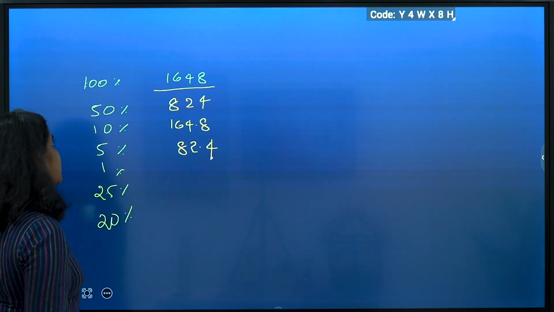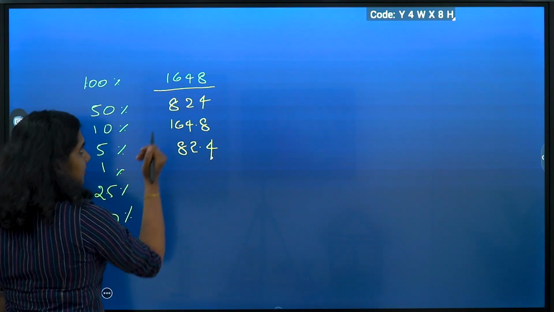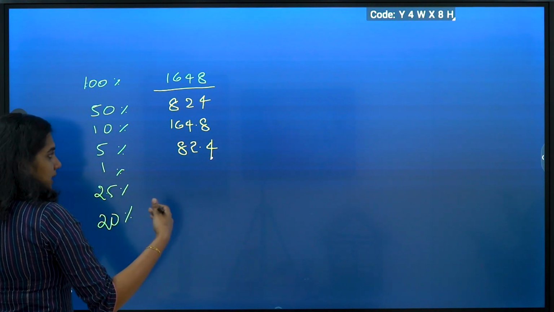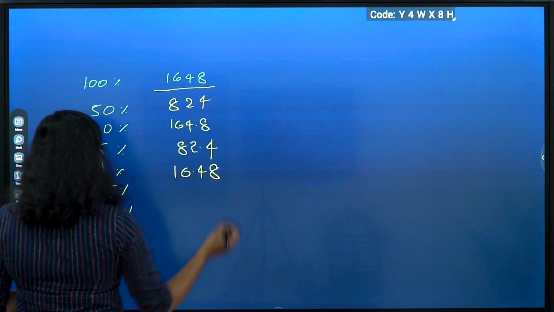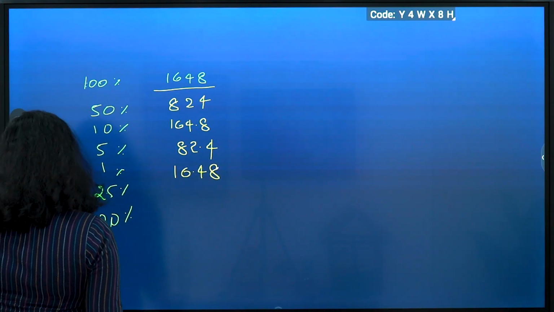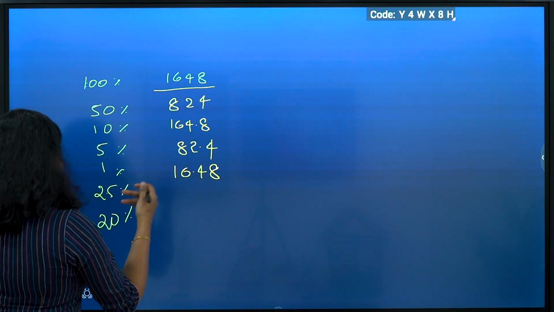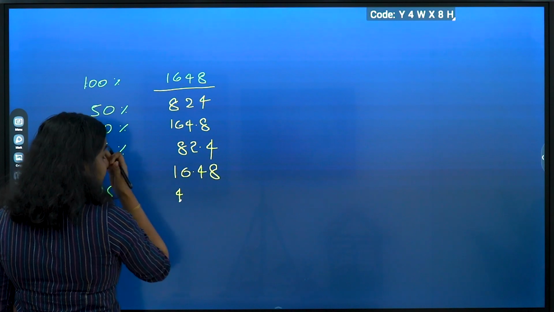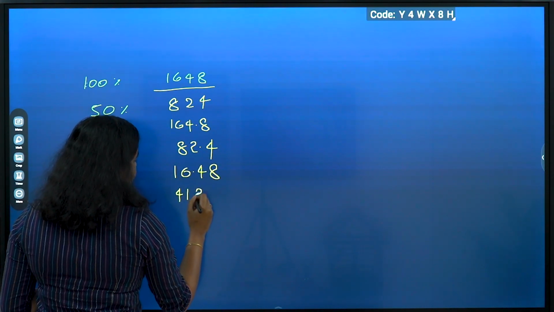Now 1% will be 100% by 100. So 100% is 1648 by 100 means from the right hand side, move 2 places and put a decimal point. So 16.48. Okay. Now 25% means 100% by 4. So 100% by 4 means in 16, 4 is 4 times, in 4, 1 time, and in 8, 2 times, so 412.